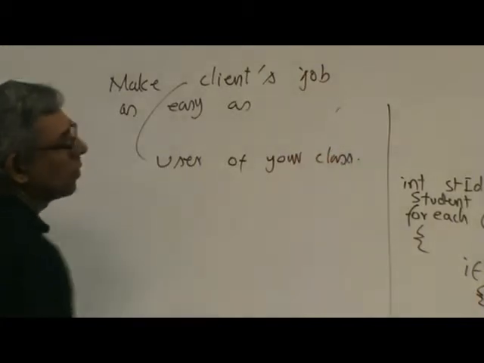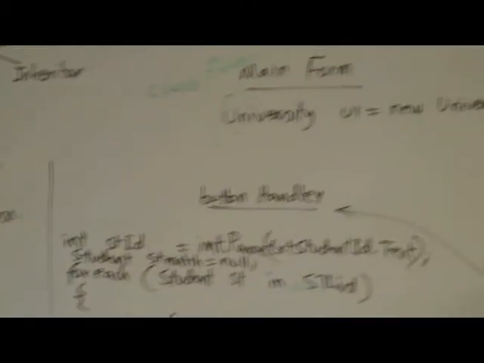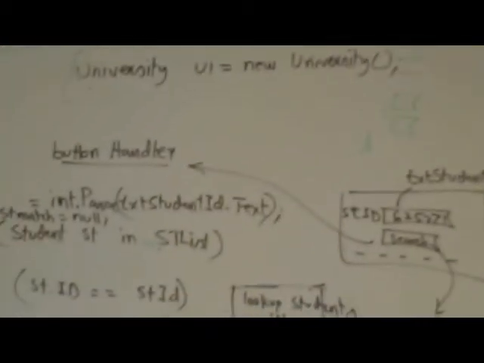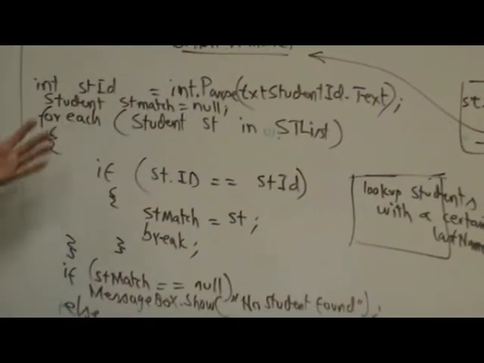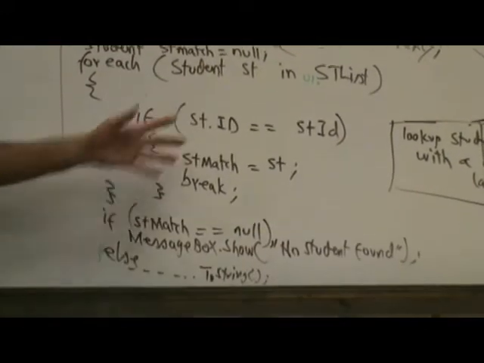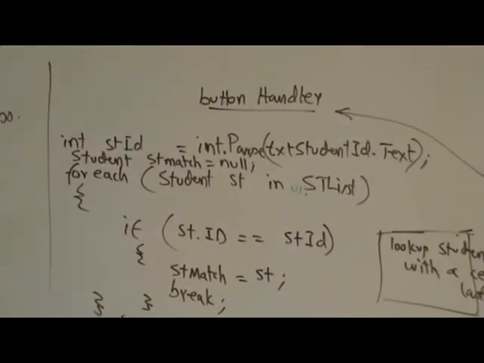Okay, so we created, let's pretend, the student class and the university class, right? Whoever is using our university class, if they have to keep writing this type of code anytime they want to do a search, and like I said, what if we needed 10 variations of this idea? Then 10 times somebody will have to write this type of code.